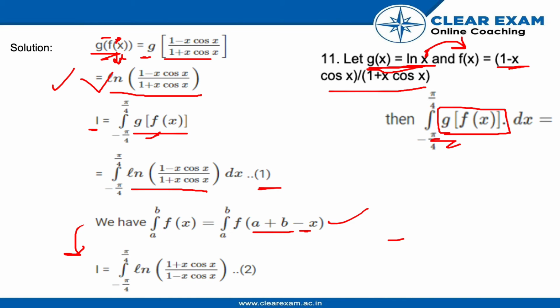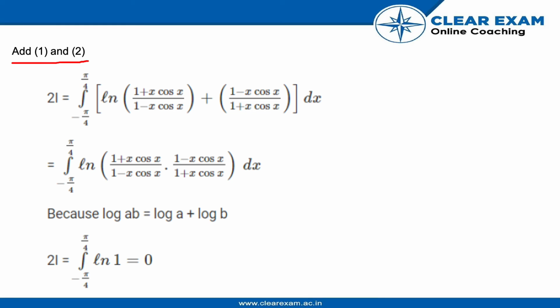Because the minus sign goes inside the log and becomes the power -1, which flips the fraction, by the property of log. We will consider this as equation 2.